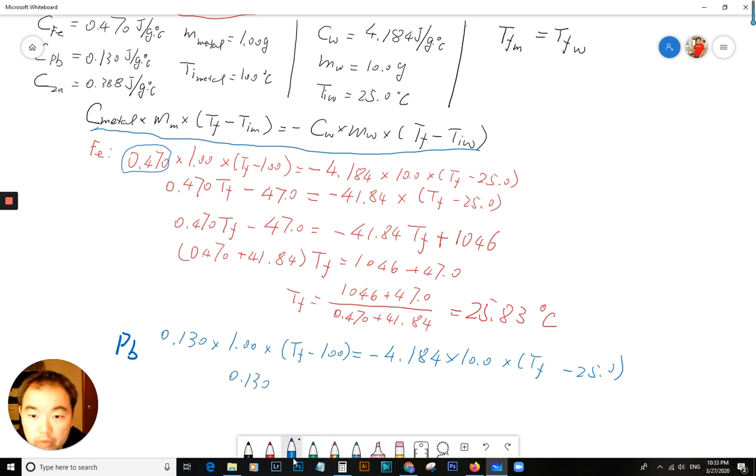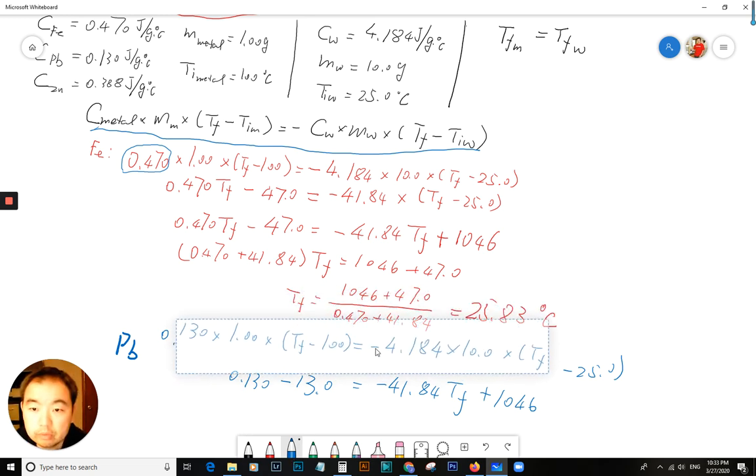Okay, and here we got 0.130 T final minus 13.0 equal to negative 41.84 T final plus 1046. So the right side is the same thing.